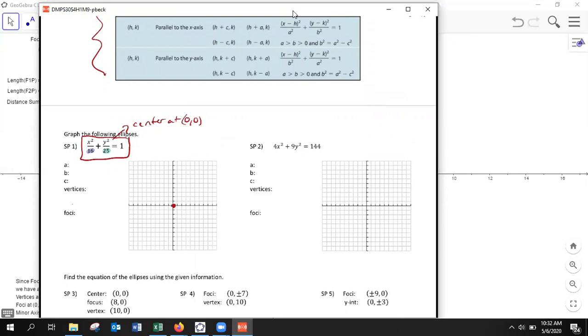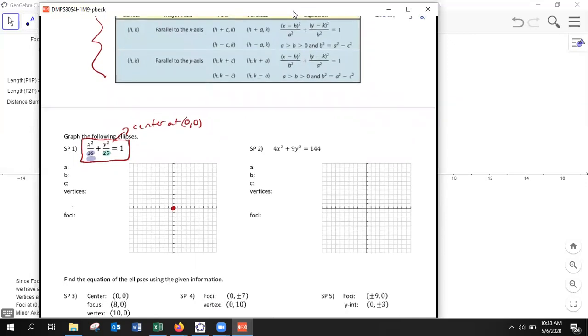So let me plot my center. And this is where I'm going to utilize my horizontal radius. If you remember, my horizontal radius squared is 16. So if I go 4 units over to the side, so 4 units horizontally, I get 2 endpoints, or I get my horizontal distance across.